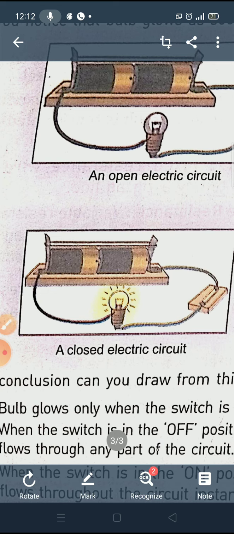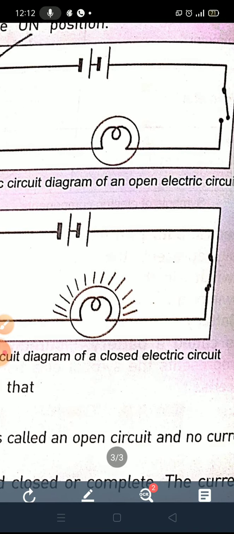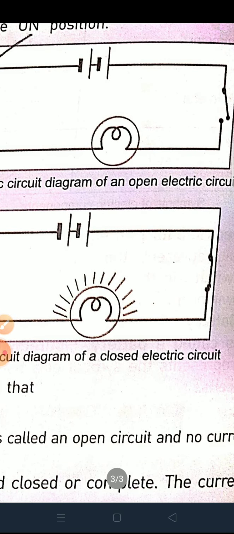So please learn properly, read properly, see properly and understand properly, because many students are always confused about open circuit and closed circuit. Generally they think the opposite. They think open circuit means electricity will flow and closed circuit means electricity will not flow, but it is the opposite.